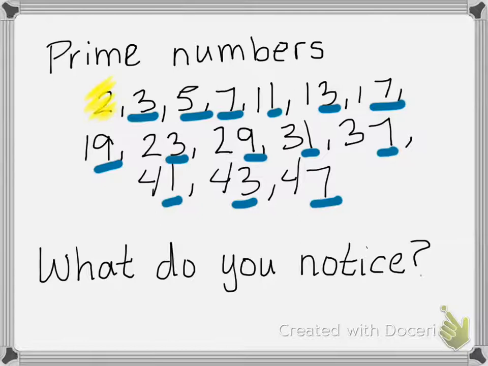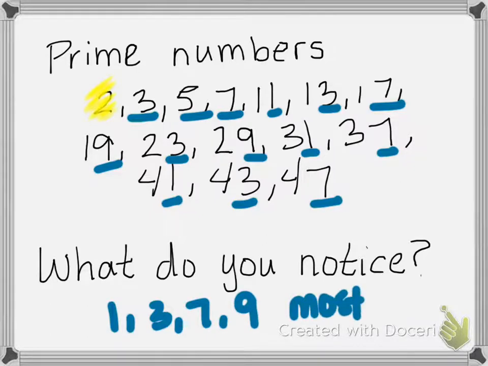It looks like the numbers end in 1, 3, 5, or not 5, sorry. 5 is only itself. Any other number ending in 5 would have 5 as a factor. So 1, 3, 7, and possibly 9. Most odd, but again, 2 is not. So just look at these numbers and kind of have an idea of what they look like.